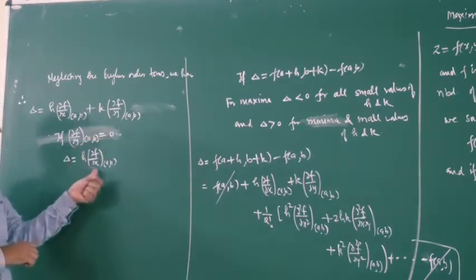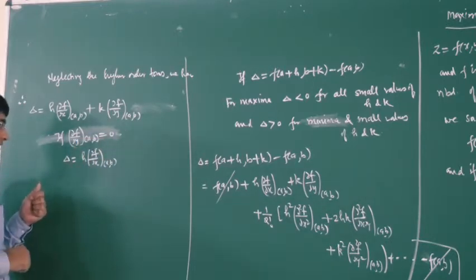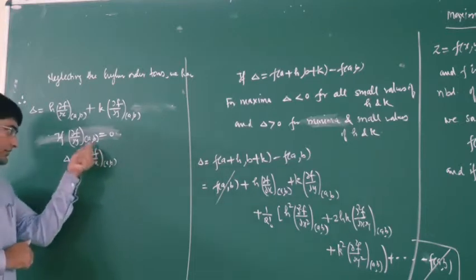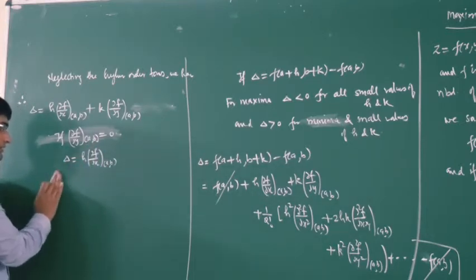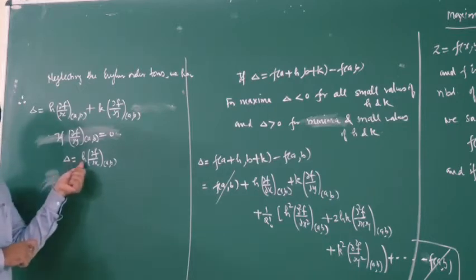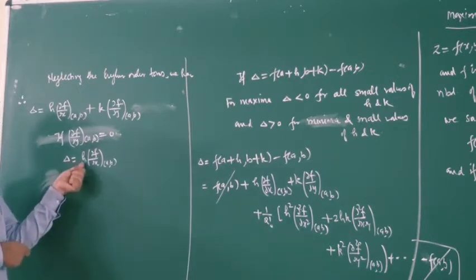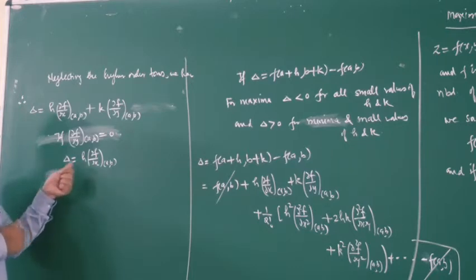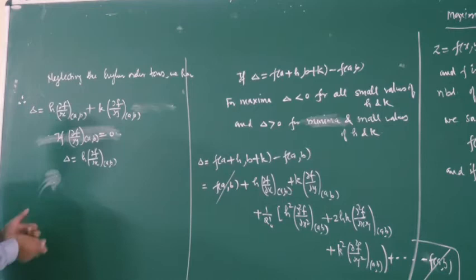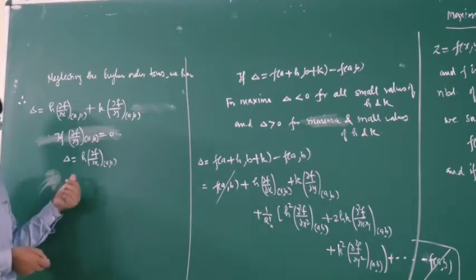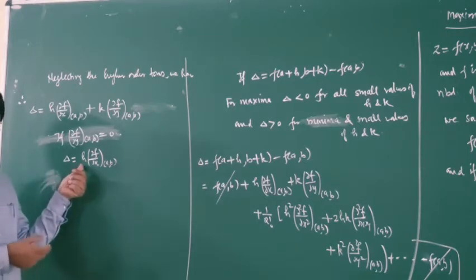So we have this value of delta. Now if del f upon del x at (a, b) is not equal to 0, then your delta will depend on h. If h is positive, then delta will become positive, and if h is negative, then delta will become negative. So that means delta does not have a fixed sign.